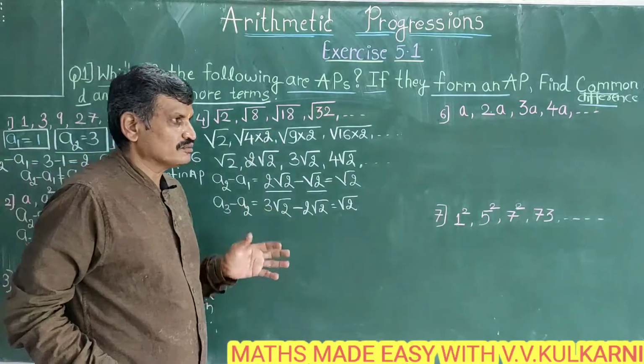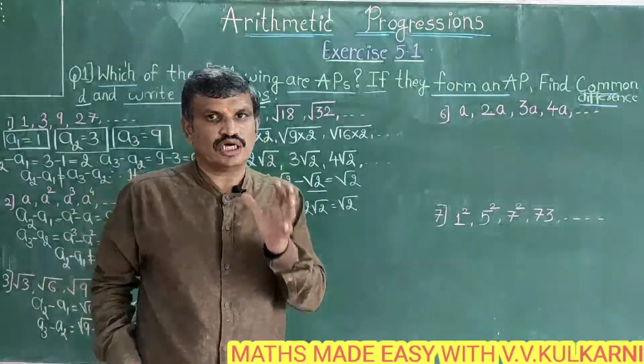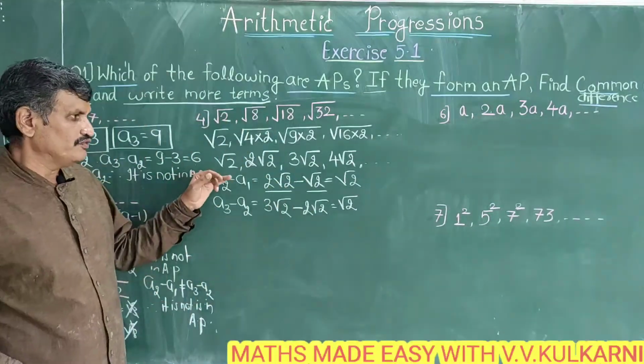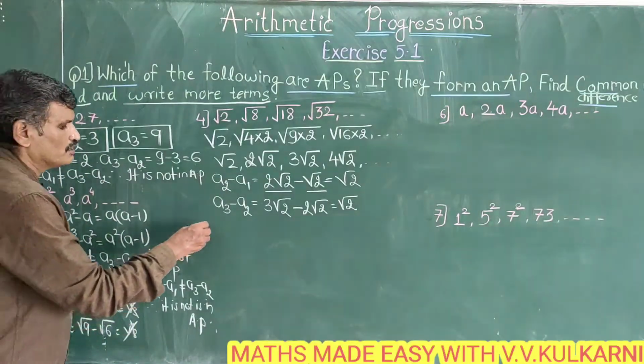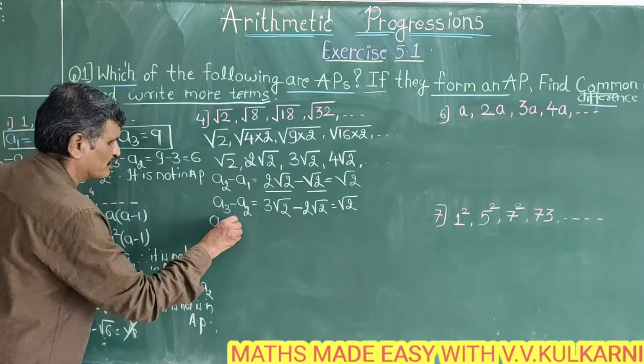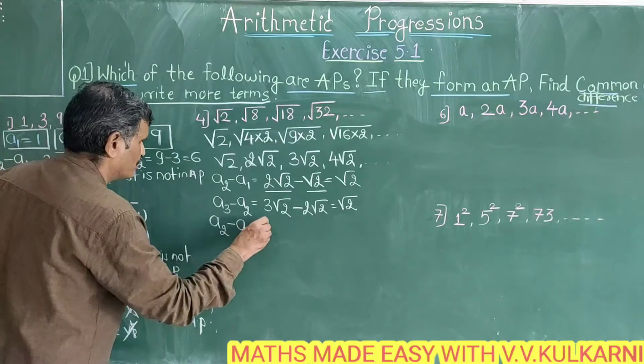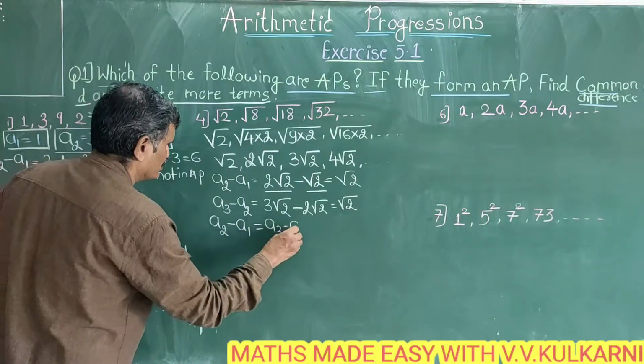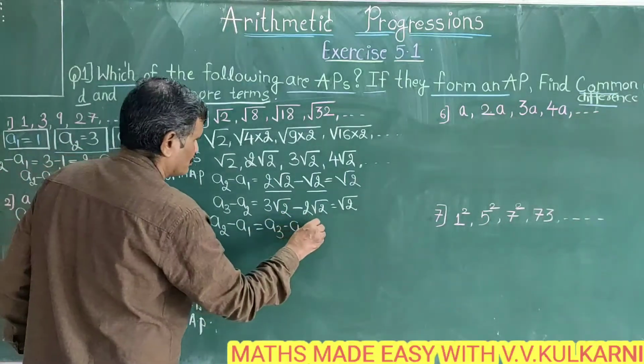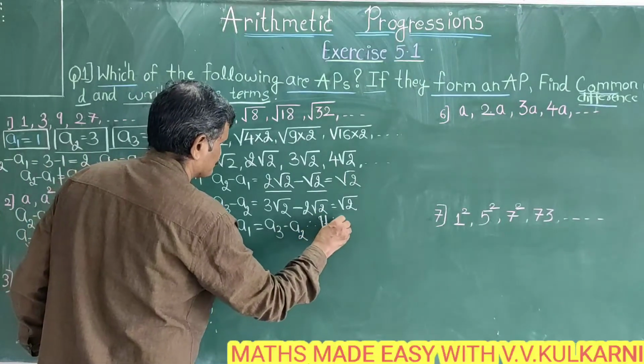So the differences between the successive terms are equal. If the differences between successive terms are equal, they are in AP. That means A2 minus A1 is equal to A3 minus A2. Therefore, it is in AP.